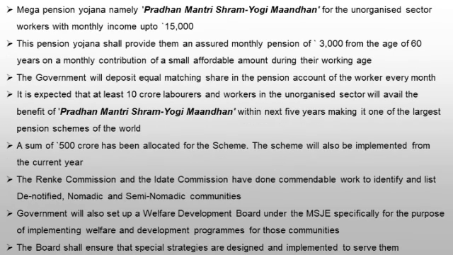Please remember that Pradhan Mantri Shram Yogi Mandhan. Friends, it is applicable for the unorganized sector workers who don't have any EPF and all like that, and whose income is up to 15,000, where they will get an assured pension of 3,000 from age of 60. But they have to make some contribution.